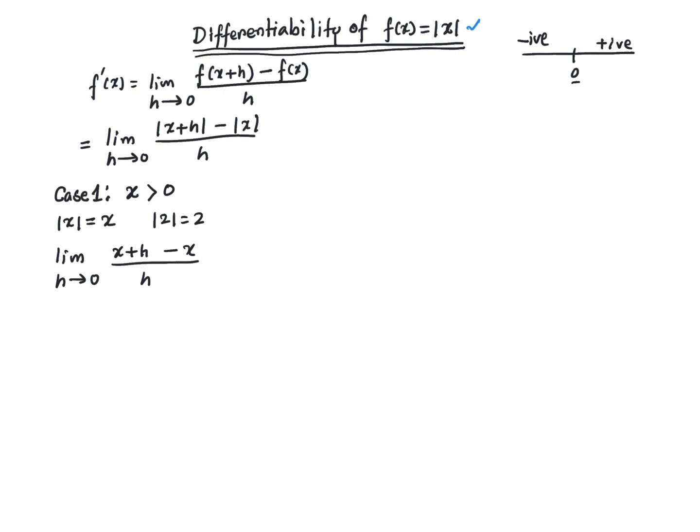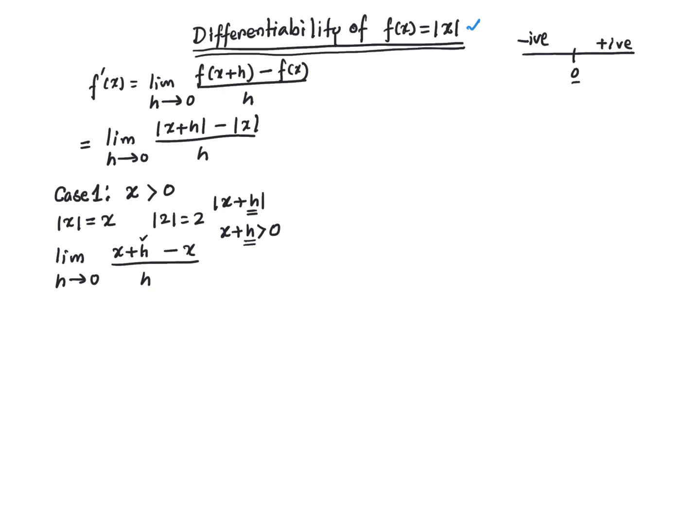You have to be slightly careful here. Think of the absolute value of x plus h. h is something changing, so we need to make sure that the value of x plus h is positive, meaning h should be adjusted so that x plus h is greater than 0. Then this is fine.